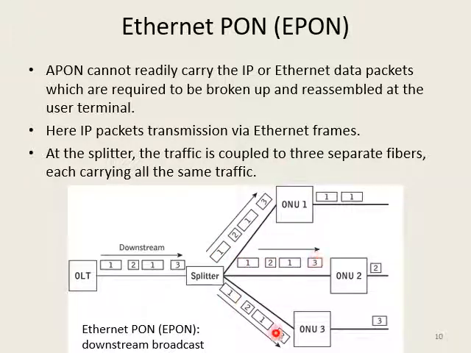This is the downstream; upstream we can describe in a different manner with respect to Ethernet PON. The remaining components are the same: the OLT, the optical line termination, and the ONU, the optical network unit.